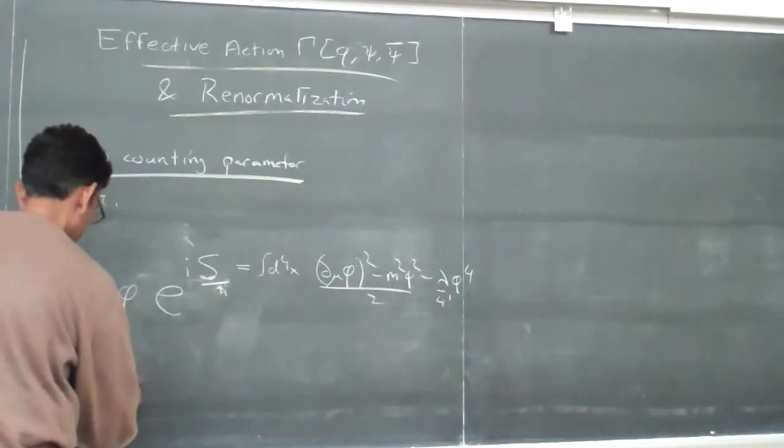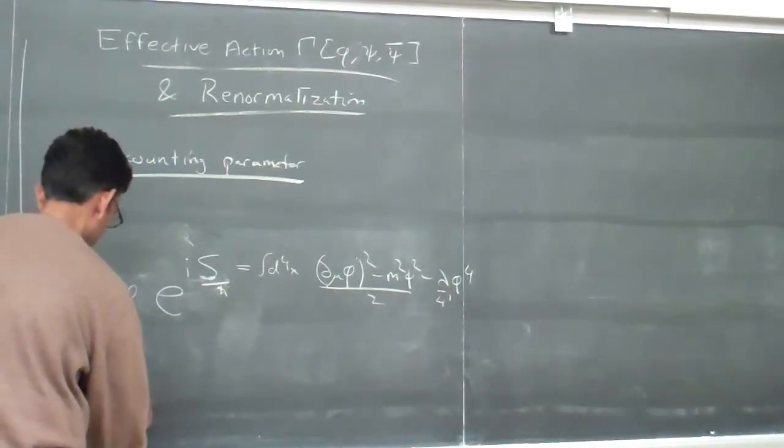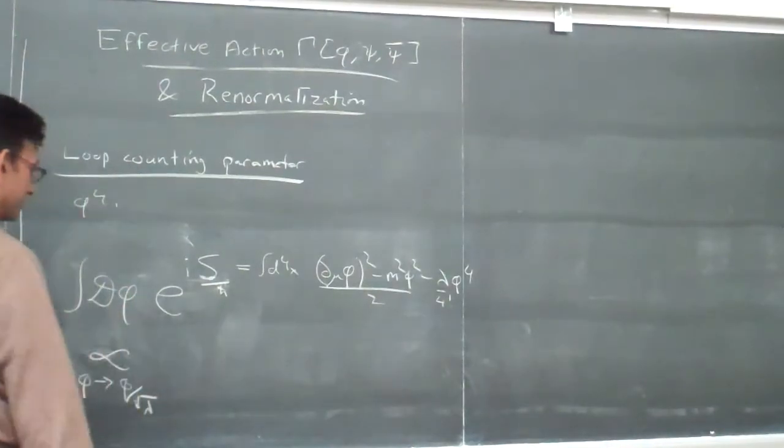Phi goes to phi over square root of lambda.